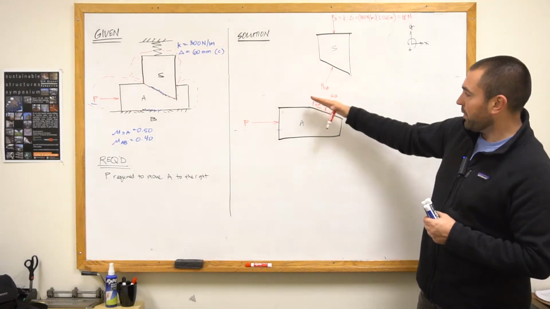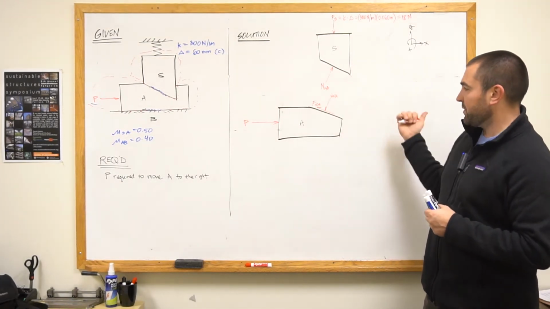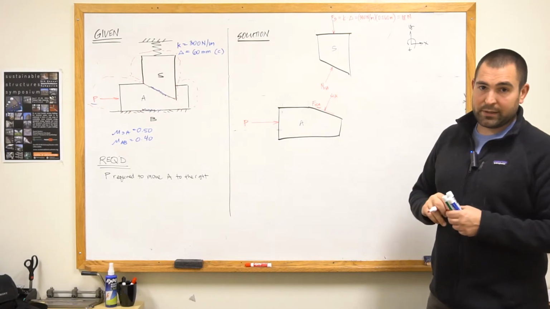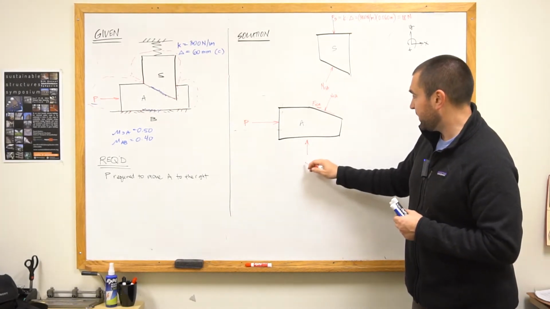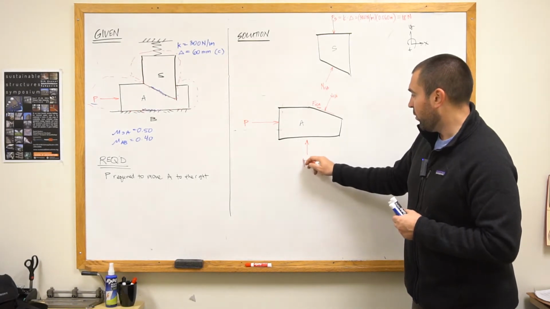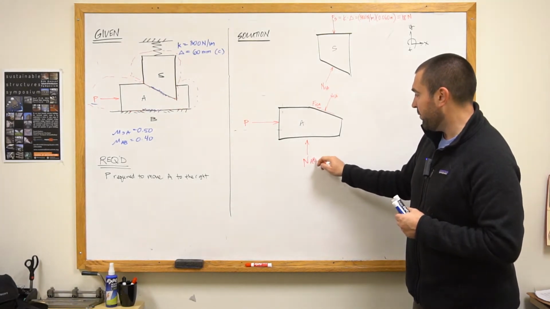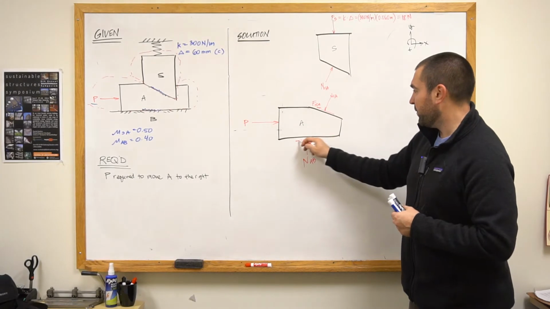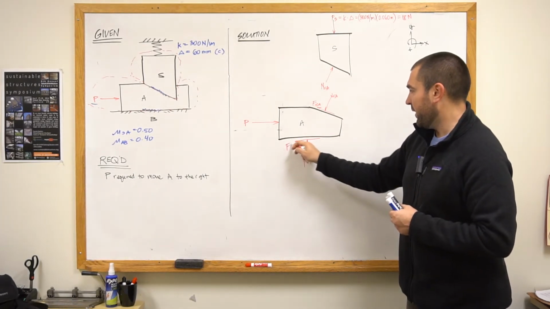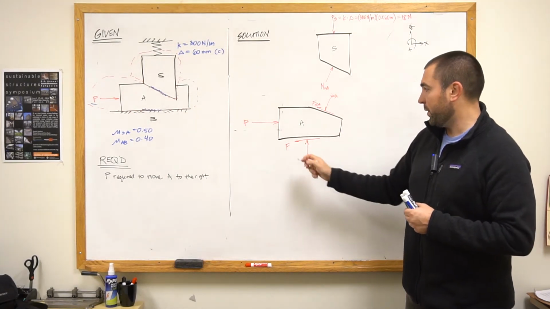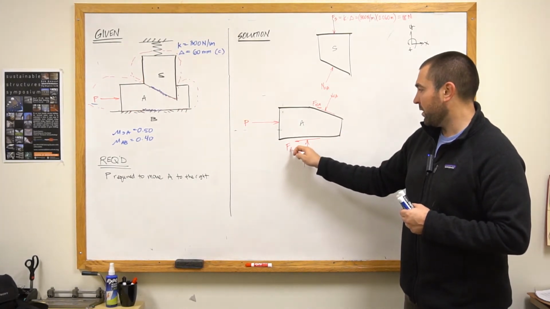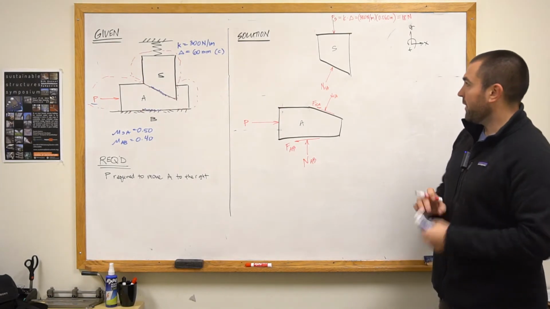Now I understand part of it's going vertically, but if movement is to the right, it would need to be pushing back to the left. The same thing down below: we have some normal force on this interface AB, and the friction force will be opposing that motion stipulated in the problem to the right, which means that the force needs to be going to the left. So this will be the friction force on that same interface AB.